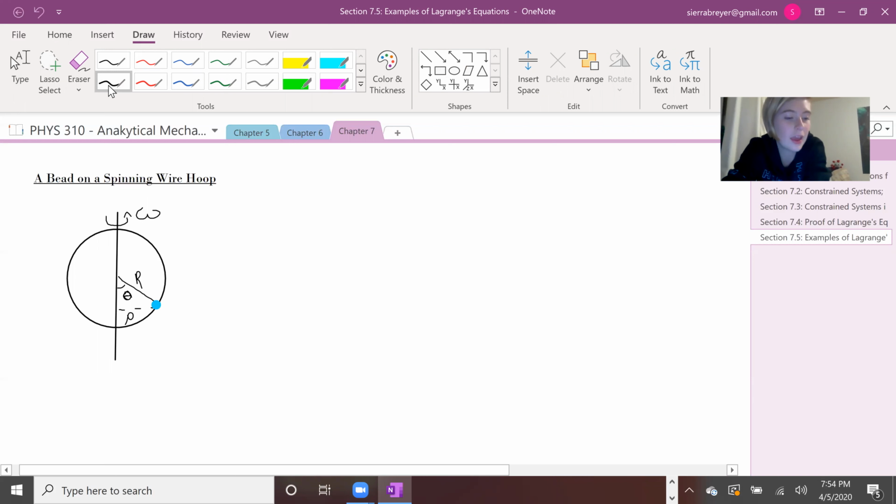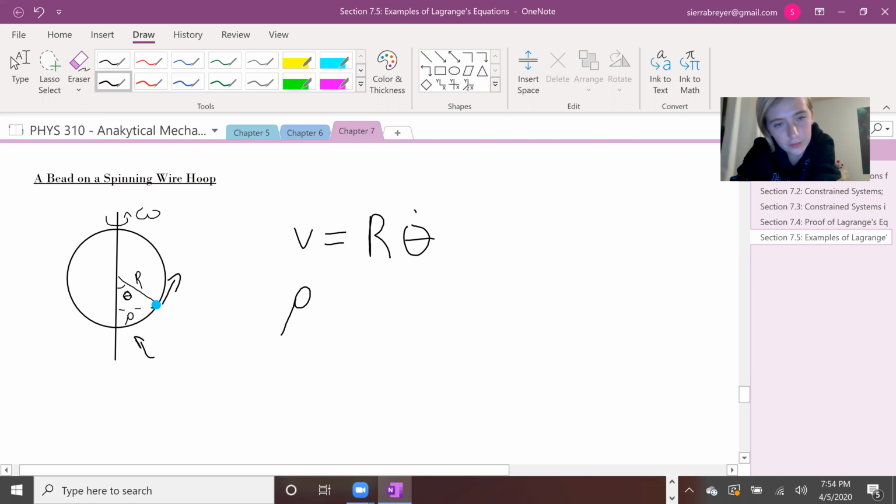So in order to solve this problem, the textbook gives us a few things that we need to know. For starters, it tells us that the bead's velocity is equal to r times the change of theta, and that points tangent to the hoop. And then rho, which I have designated right there, is the bead's distance from the axis on which the hoop is spinning.